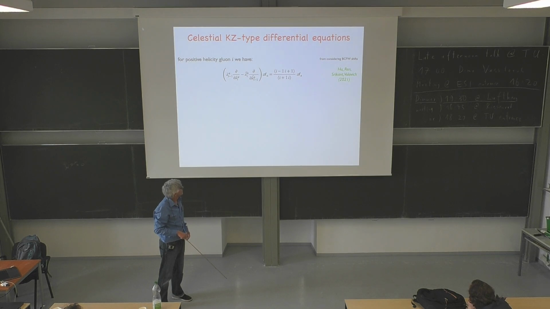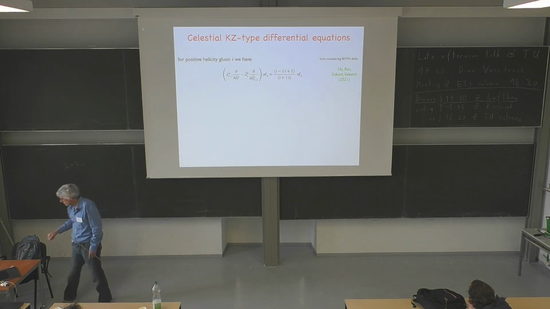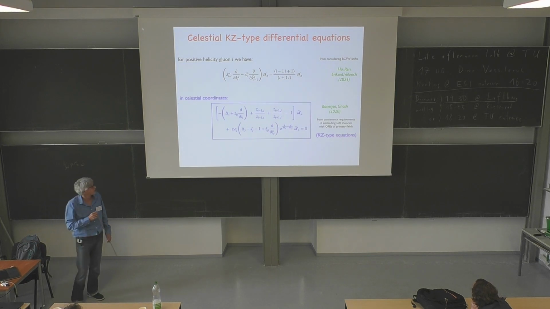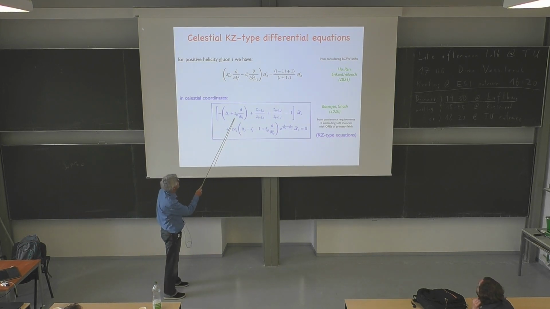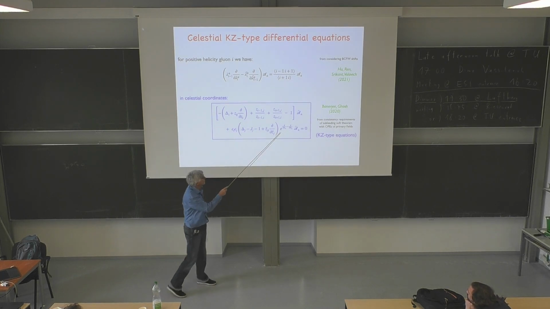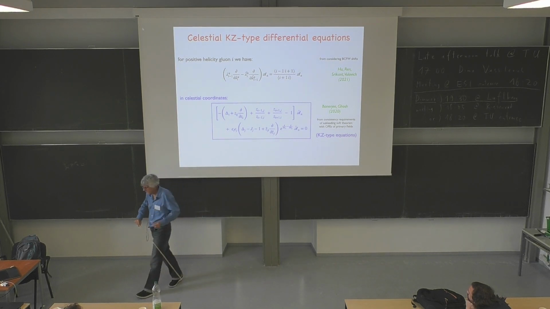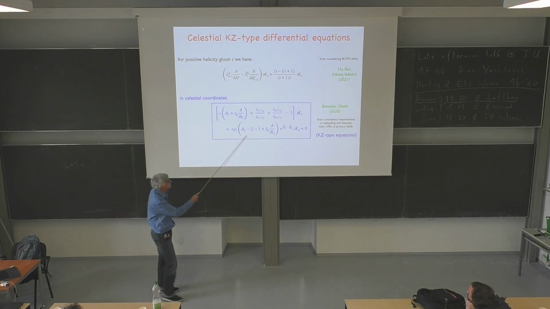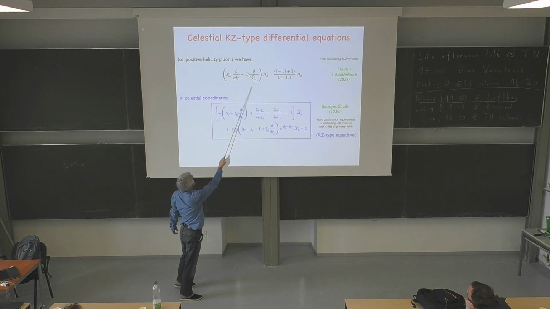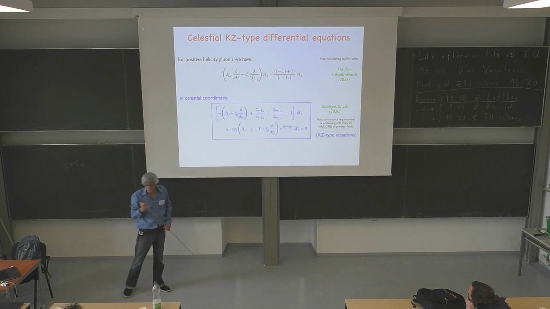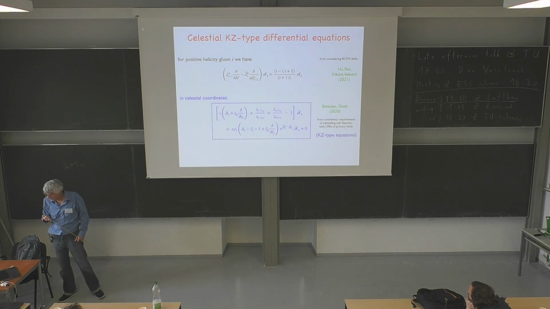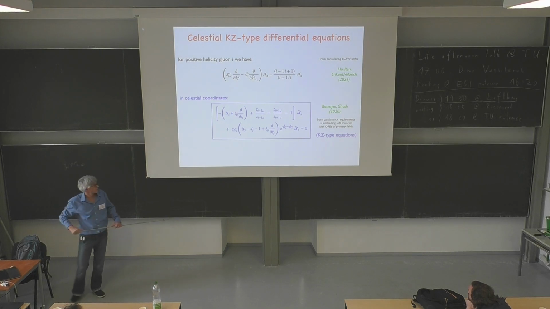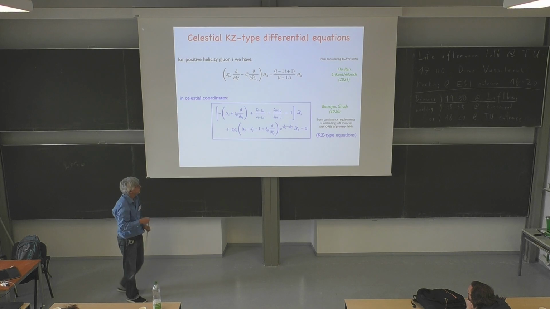It's a first order differential equation, and you can write it in terms of celestial coordinates, so that you have operators acting on the celestial sphere, and also operators with respect to this delta. This already looks like a KZ type equation. So you get a linear differential equation on the celestial sphere, which has been derived by Banerjee and Ghosh.